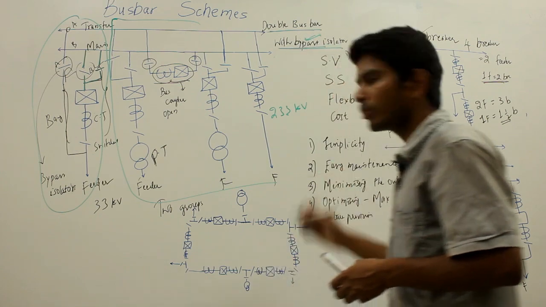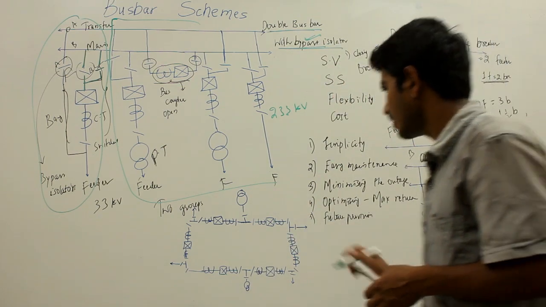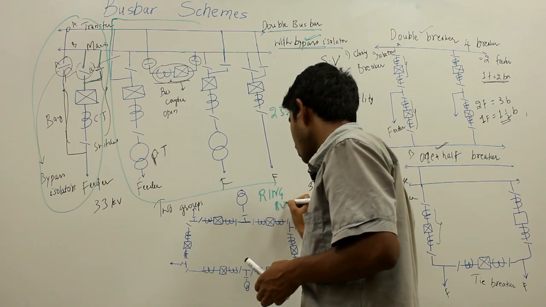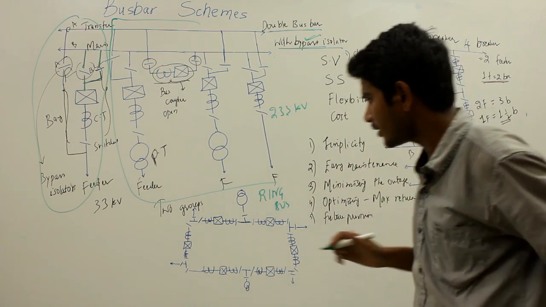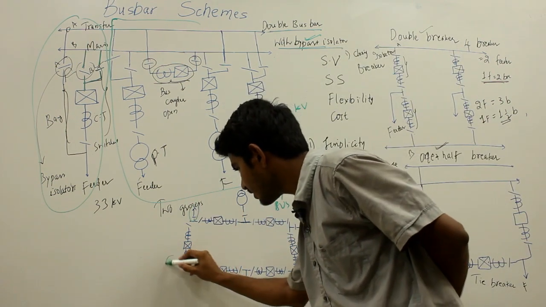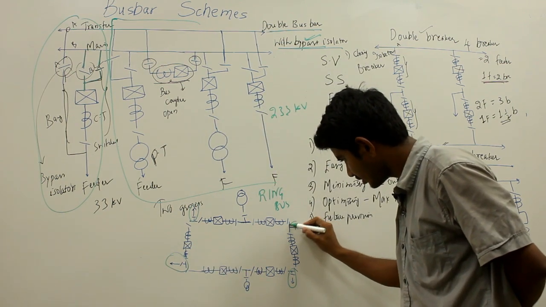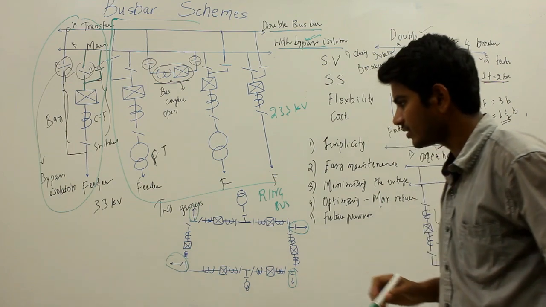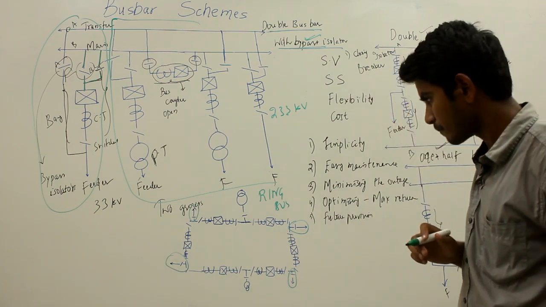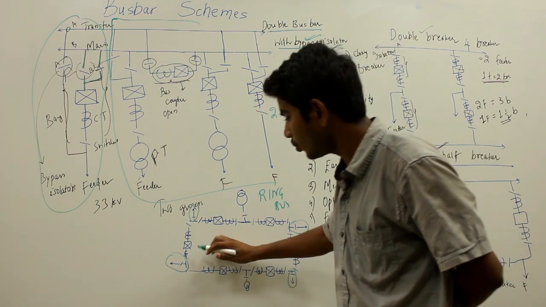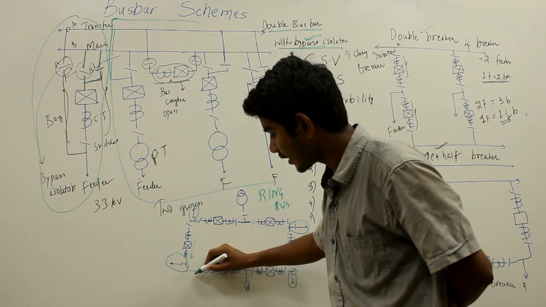Now let us move to another bus bar scheme, that is the ring bus. So here every feeder circuit is fed with two connections.